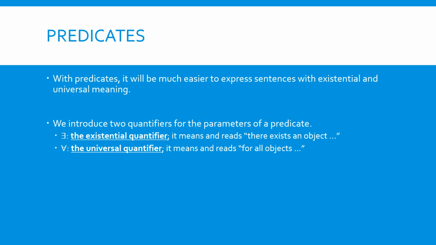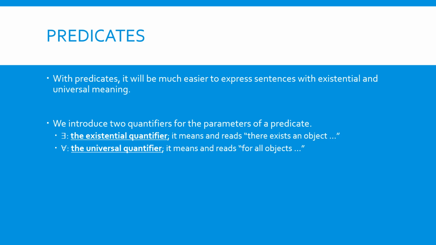Using predicates, we can also construct sentences with existential and universal meaning. To do this, we will need to introduce two quantifiers for the parameters of the predicates. First, we have the existential quantifier. When applied to a parameter of the predicate, it means that there exists an element that can make the predicate true.